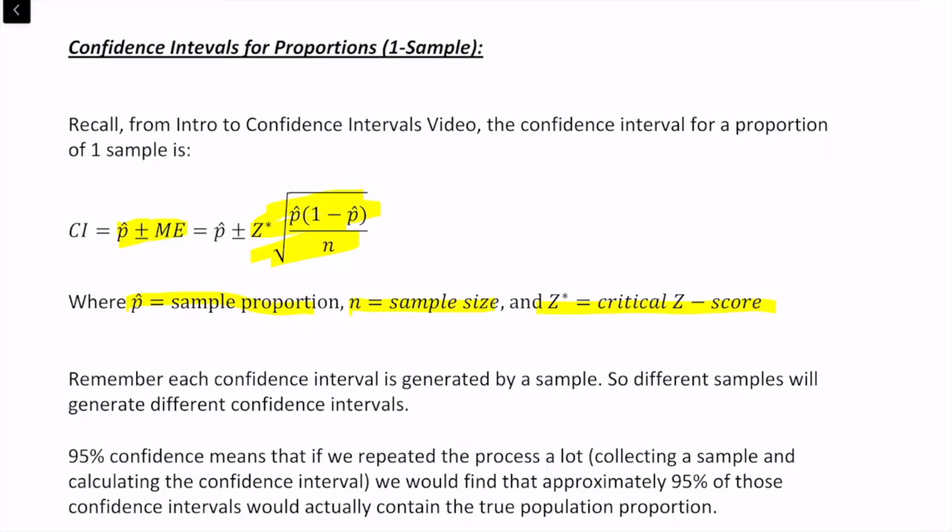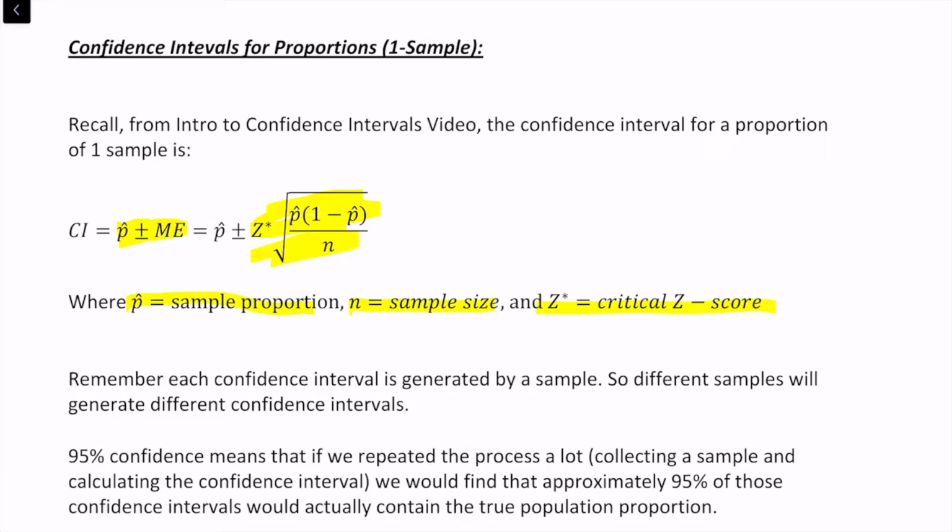Once again, if all of that is new to you, please go back and watch the introduction to confidence intervals video. Just really quickly, remember each confidence interval is generated by a sample. Every time we get a different sample, we're going to generate a different confidence interval.